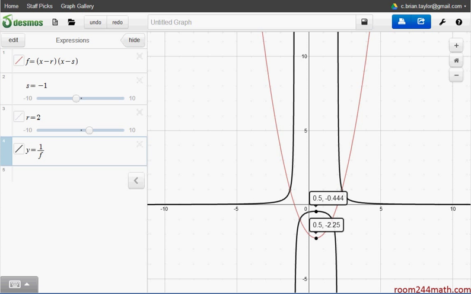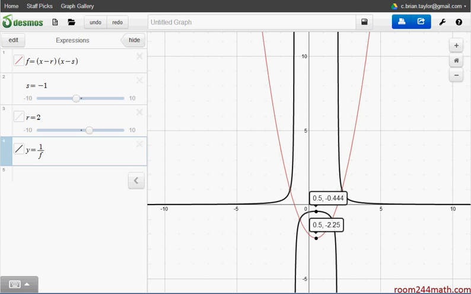So this is really important for when we go to write the range, because the reciprocal function has 3 branches. The branch on the left and the branch on the right have the same range. They go all the way from 0 up to positive infinity. They don't quite ever get down to 0, but anything greater than 0 all the way up to positive infinity.